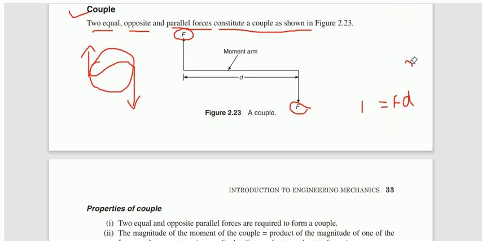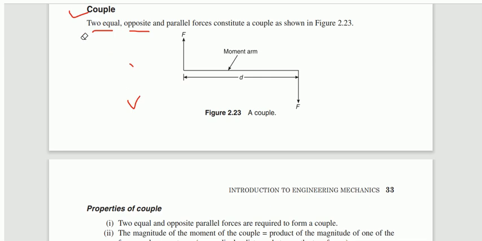And in this we will come across the clockwise couple as well as the anti-clockwise couple. The figure you are observing here is the force system which forms the clockwise couple. The force is rotating here, this is clockwise, and this force is rotating here. The best example is steering. This is the clockwise couple.